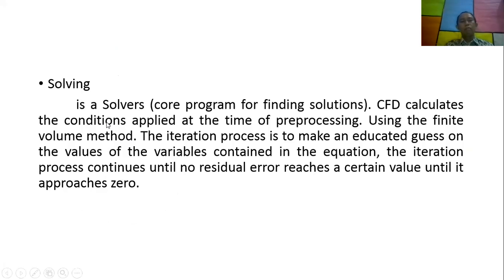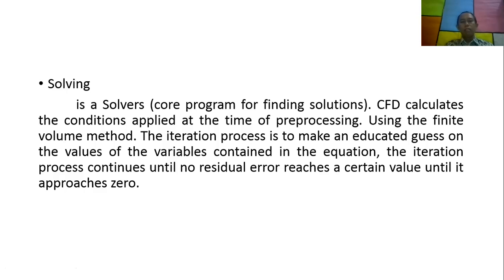Step 2, solver. That is the solver core program for finding the solution. CFD calculates the conditions applied at the time of pre-processing, using the finite volume method.